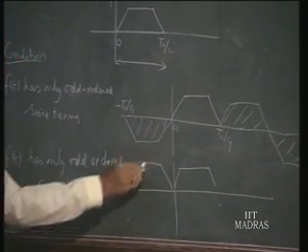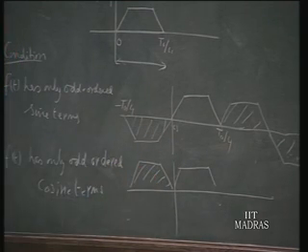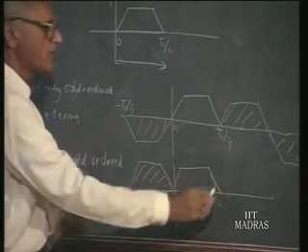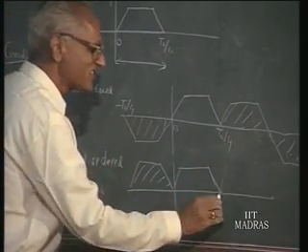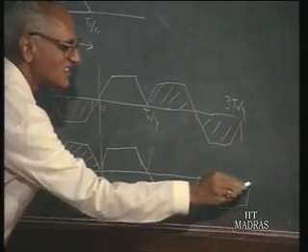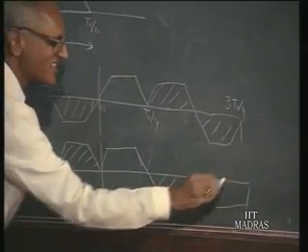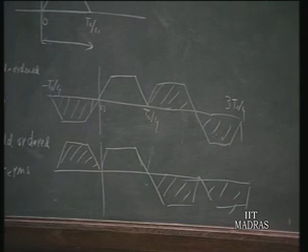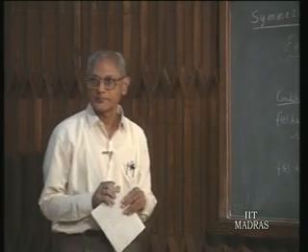Therefore, this would be the situation from minus t naught upon 4 to t naught upon 4, and since it has only odd ordered harmonics, this entire waveform gets repeated with the negative sign. So this is the extension that we are having, and that would be the situation for a case where f of t has only odd ordered cosine terms.